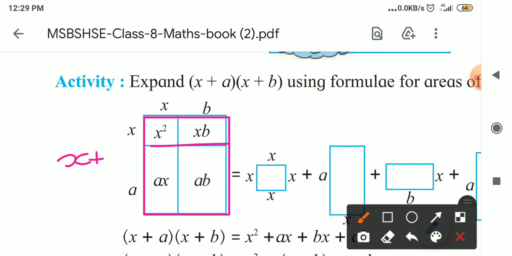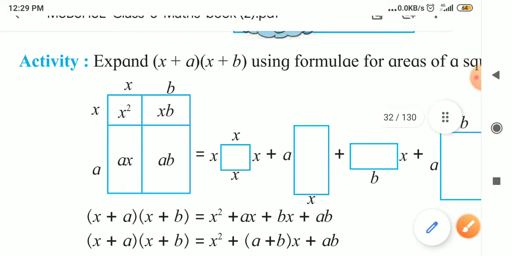Now if we separate it, we get 4 quadrilaterals. The first quadrilateral is a square, and the remaining 3 are rectangles. So 2, 3 and 4, these 3 are rectangles, and the first one is the square. One by one we will find the area of each quadrilateral.